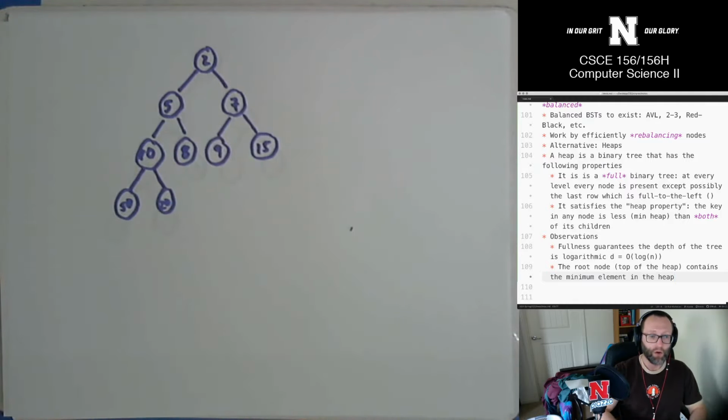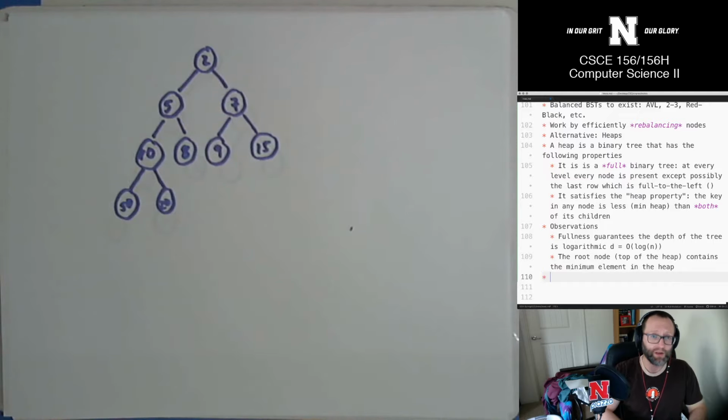We're going to support only two basic operations. Heaps can do more if you want, and you can do secondary operations like we did with lists and trees. But heaps basically support two basic operations.